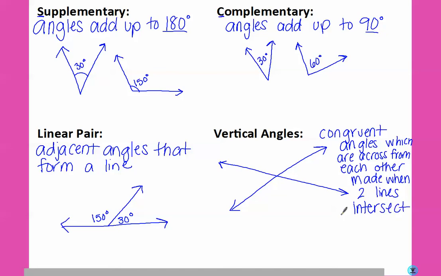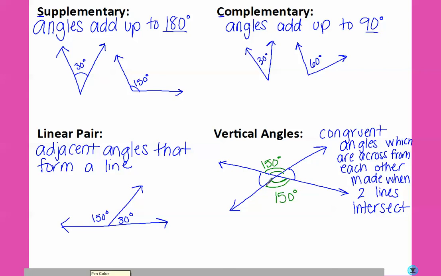So that would be this angle here and this angle here, or this angle here and this angle here. So if this angle is 150 degrees, we also know that this angle is 150 degrees.